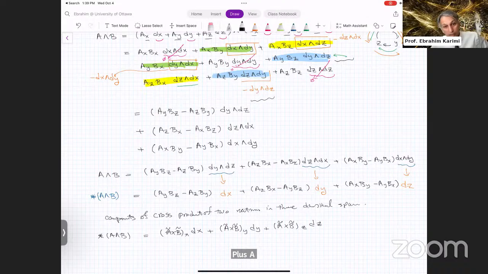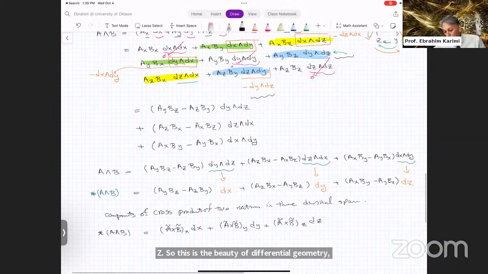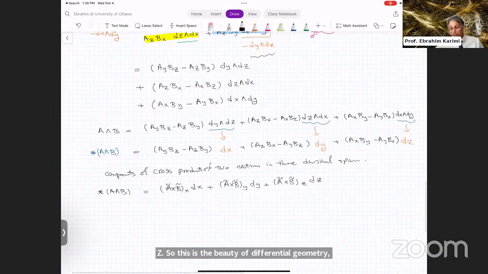So this is the beauty of differential geometry, which essentially allows you to get the cross product even in that specific form.